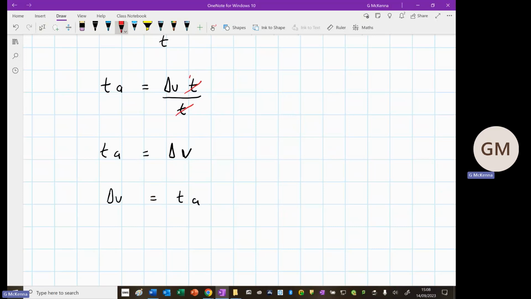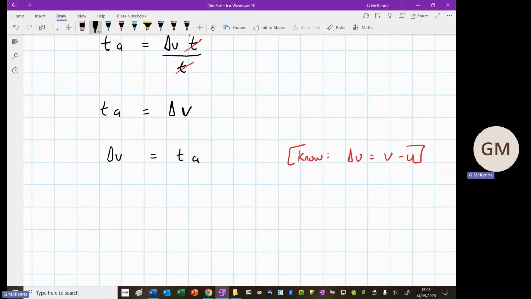Now we also need to bring in the fact we know, or hopefully know anyway, that delta v is equal to v minus u. So instead of writing delta v on the left hand side, we can put in v minus u. So we've got v minus u is equal to ta.